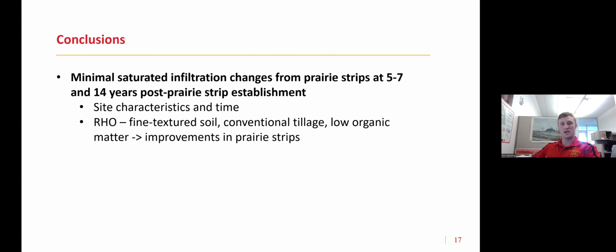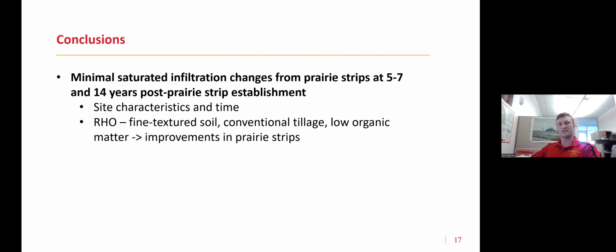And this site was unique in that there was a very small sand content in the soil, and the row crop field was conventionally tilled, and there was a low starting organic matter content in the soil. So it was, as I mentioned, primed to see early changes with regards to aquapore development and saturated infiltration.